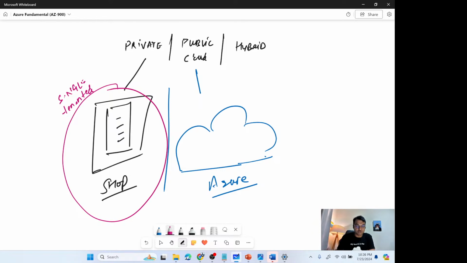You might have Ajay's boutique. They all are requesting compute, requesting space in this entire Azure, and they are all running their businesses over there. So for that reason, this is called multi-tenanted. So public cloud is multi-tenanted.